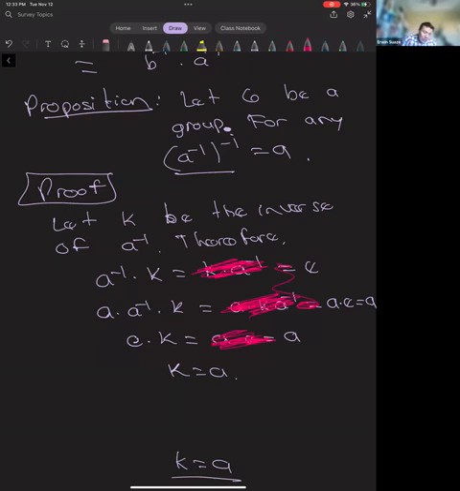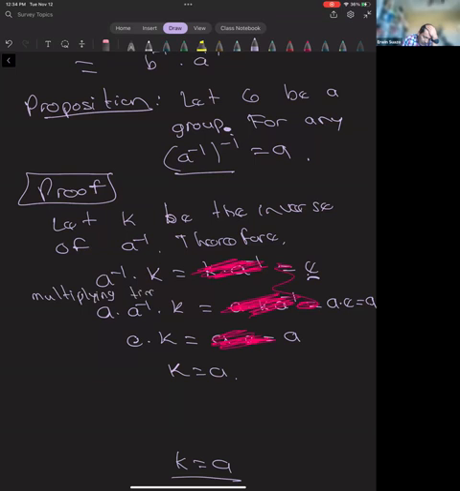Okay, let's read the proof. So let K be the inverse of A inverse. Therefore, A inverse K equals E. That's the definition, right? So let's say, I guess, multiplying, maybe there is a better term for that.